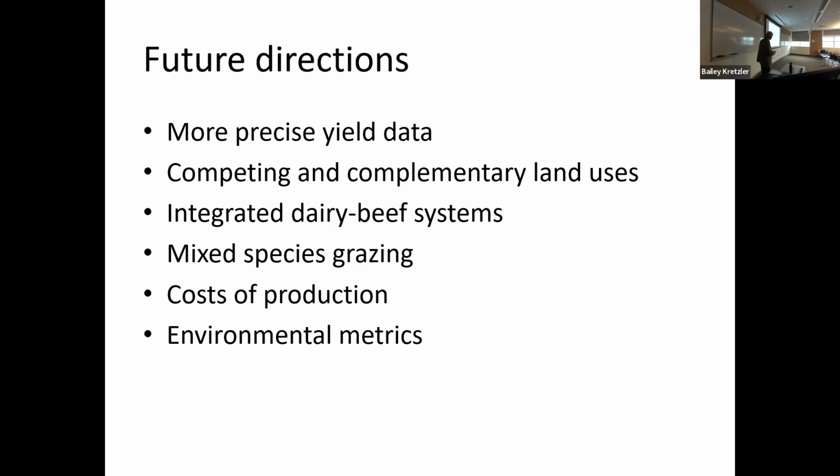One of those complementary land uses, which is of great interest to me, is this integrated dairy food systems. I've had a few conversations about this. It's an area that the ARS unit might move into when we hire an animal scientist, but it's one that's definitely of interest because, just take Vermont as an example, roughly 250,000 dairy animals.